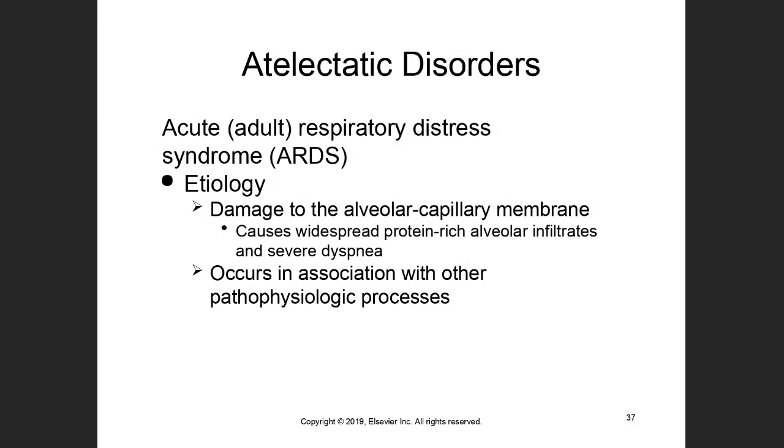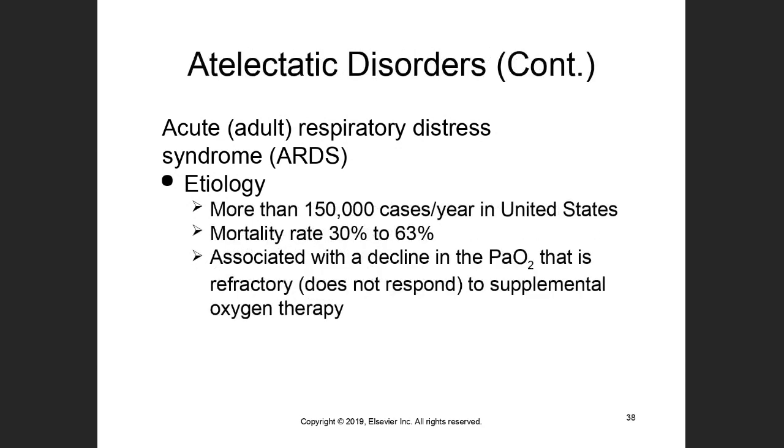Now we have ARDS, acute respiratory distress syndrome. It is damage to the alveolar capillary membrane, causing widespread protein-rich alveolar infiltrate and severe dyspnea. It occurs in association with other pathophysiologic processes, especially in patients that are hospitalized. You are not going to receive a patient with ARDS; you develop ARDS in the hospital.